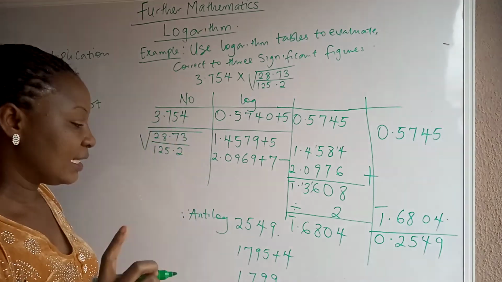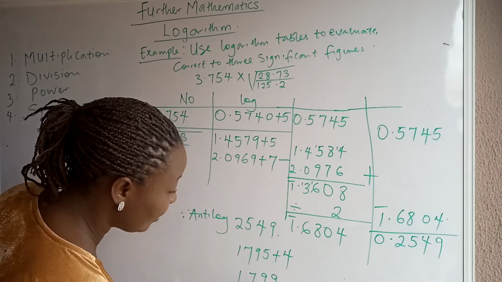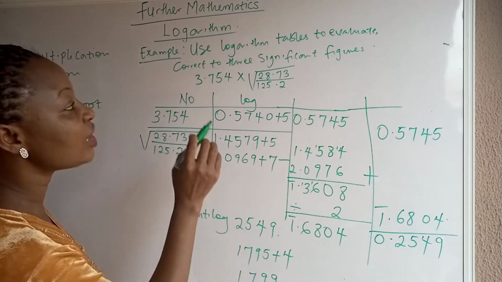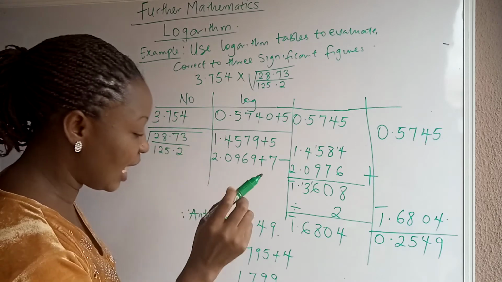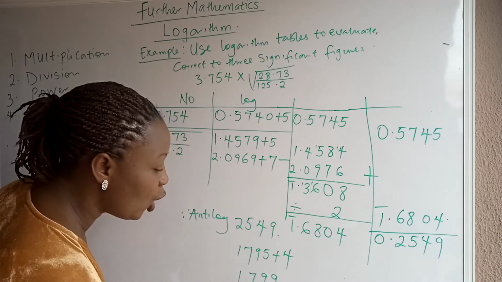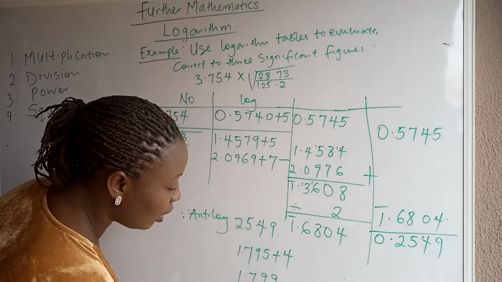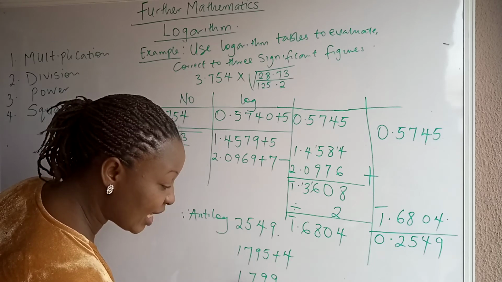971. Then the question says this will be the final answer, but the question says we should correct it to 3 significant figures. And this one is the 4th significant figure. So we are going to approximate this one. We add it to 9, it will make it 10.